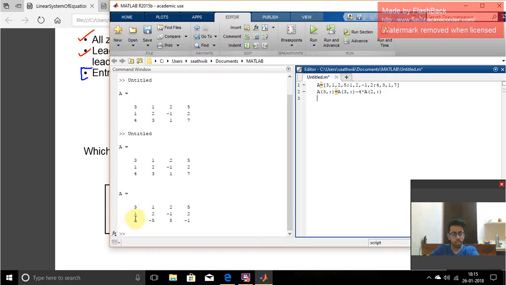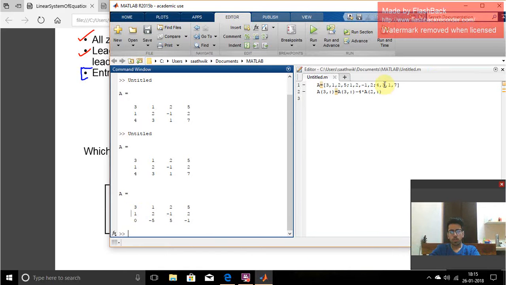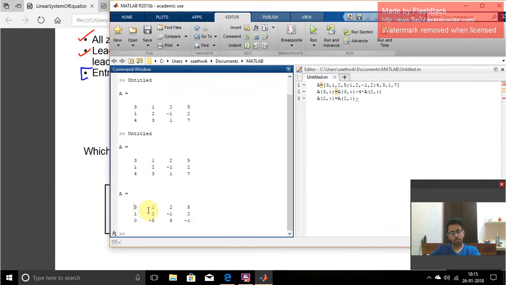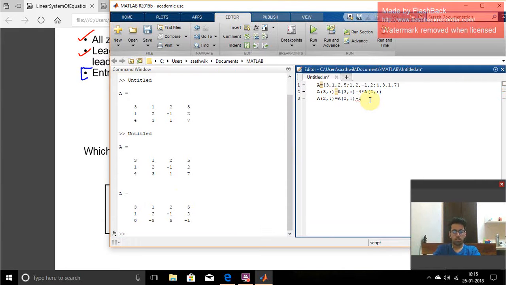Now, to turn this element to 0, this one right here, we'll use another operation: A2 equals A2 minus 1 by 3 times A1.